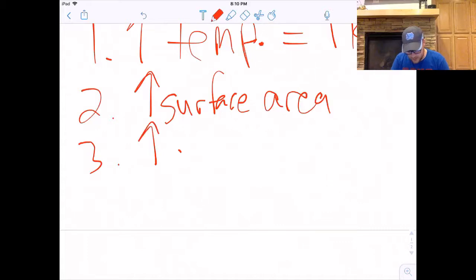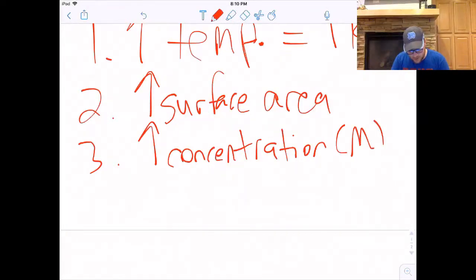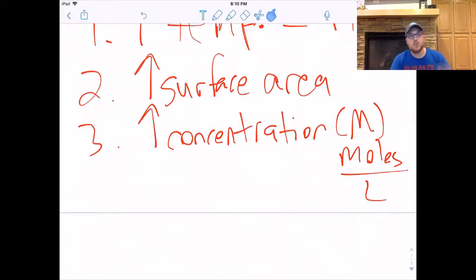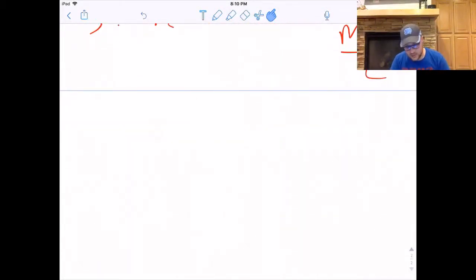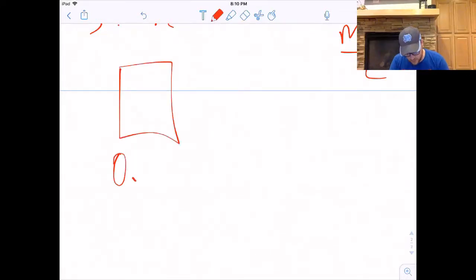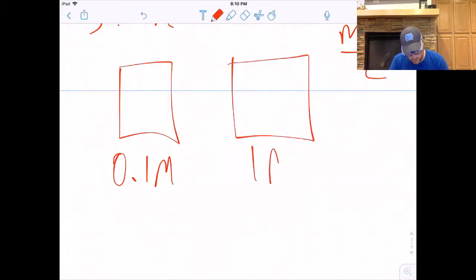Increase the concentration, aka increase the molarity, the moles per liter. Basically, if you have more stuff, there's more collisions that will occur, which means they will make more products. And I'd like you to visualize this one in a box. And we'll say this one is 0.1 molar concentrated, and this one is 1 molar concentrated.